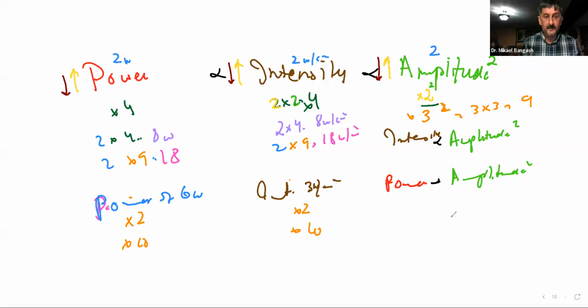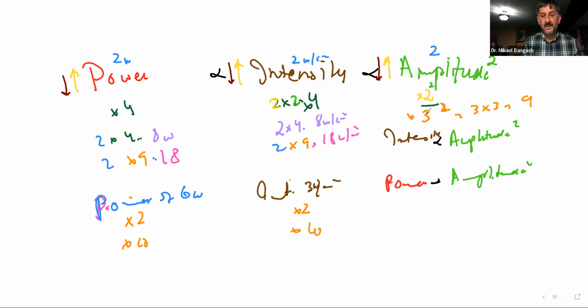Where we said, amplitude increases twice. The change in intensity and the change in power is going to be 4 times. That's if they only ask you how much the power is going to change, or how much the intensity will change by a doubling of the amplitude.